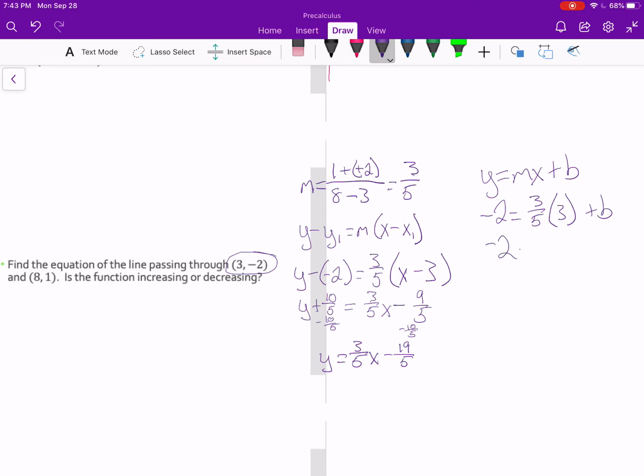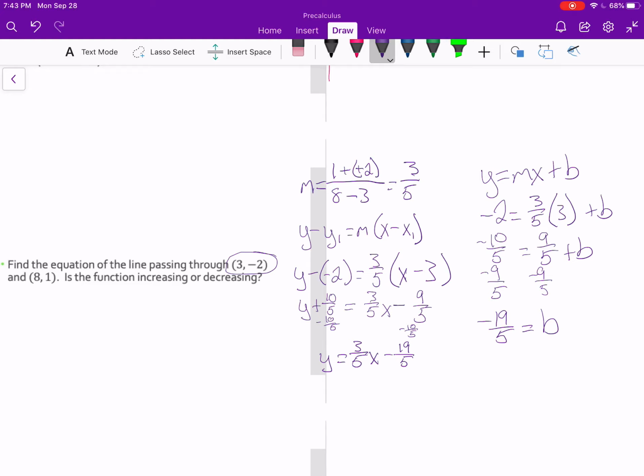So negative 2 equals 9/5 plus b. Remember, negative 2, we can rewrite as negative 10/5. Subtract 9/5. And we still get negative 19/5 for b.